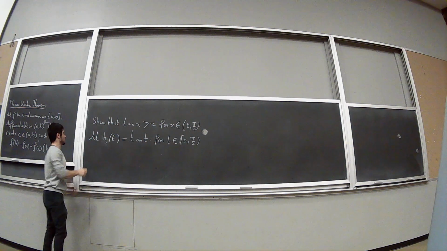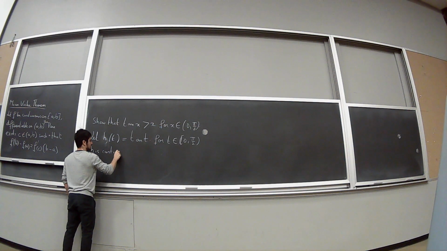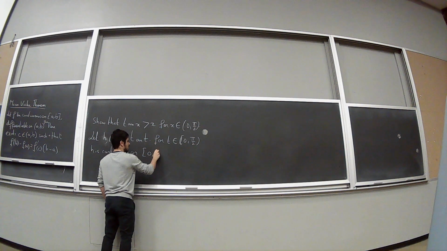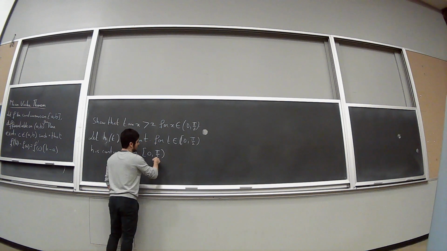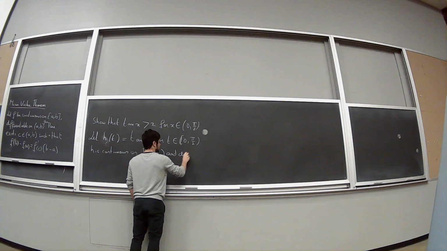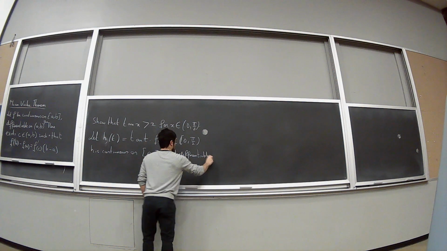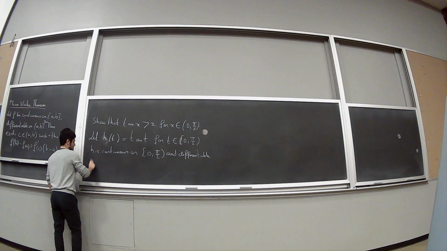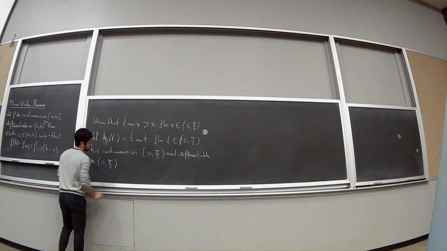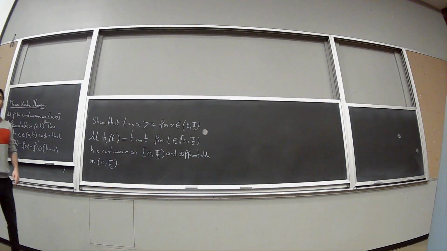We know that h is continuous on [0, pi over 2), because tan t is not defined at pi over 2, and differentiable on the open interval (0, pi over 2).